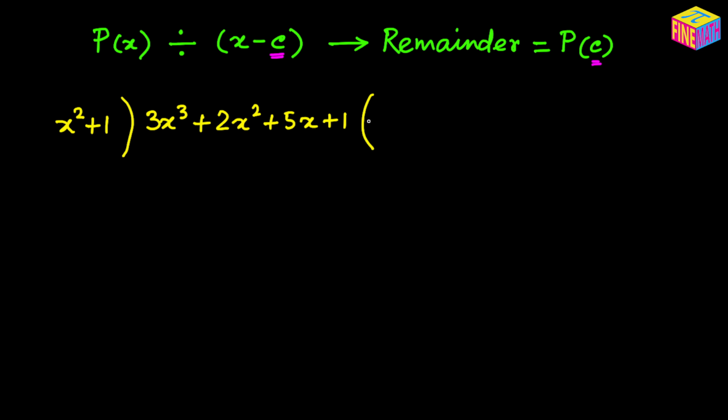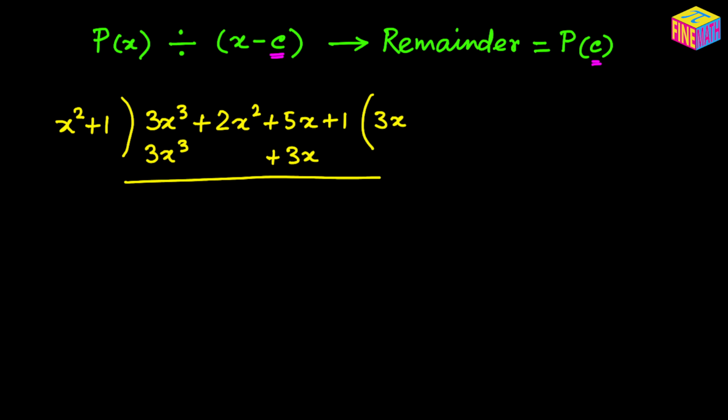So x squared goes 3x times into 3x cubed. So that would be 3x cubed plus 1 times 3x, that would be 3x. I'm going to write it here, aligned with the x term of the original polynomial, or of the dividend.